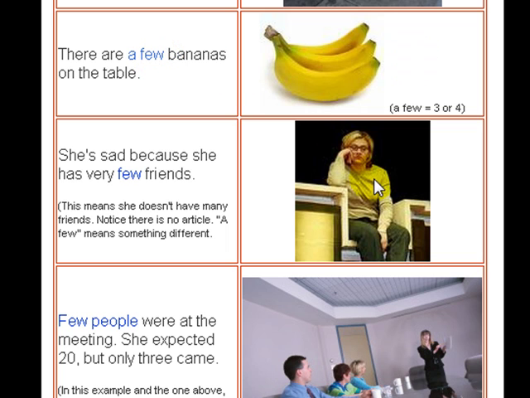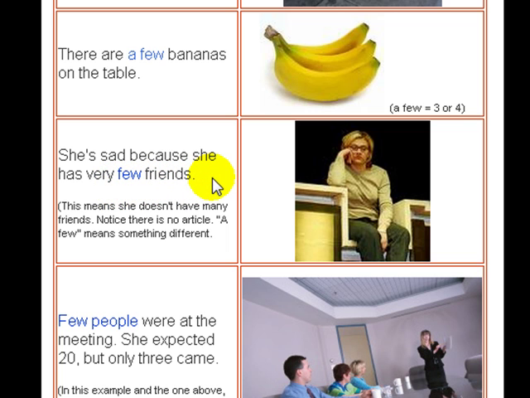Now let's go down and take a look at this girl here. Looks really sad. A long face. Long face means a sad face. She's sitting there looking very unhappy. Why? She's sad because she has very few friends.